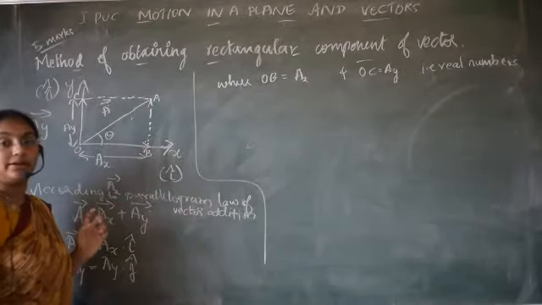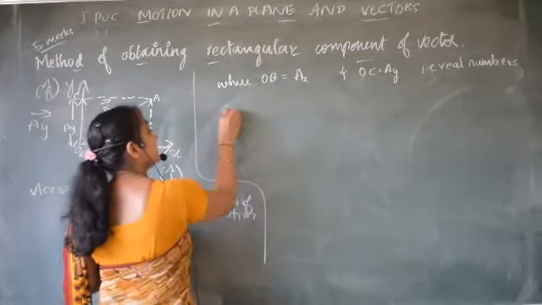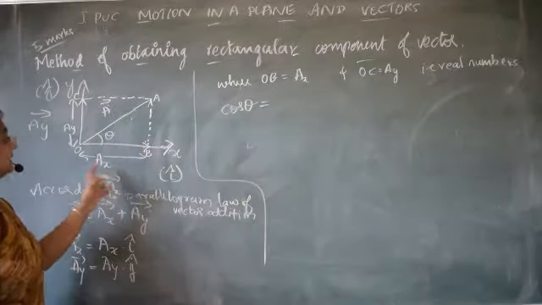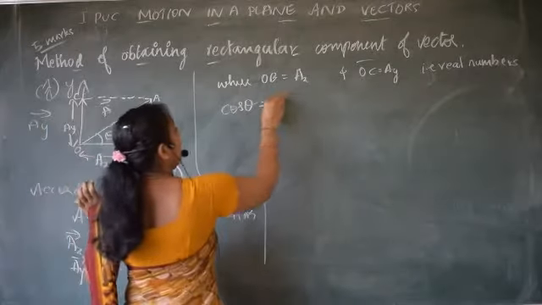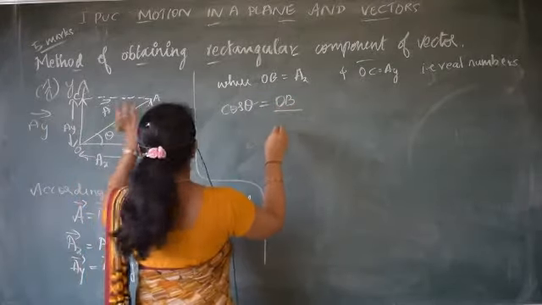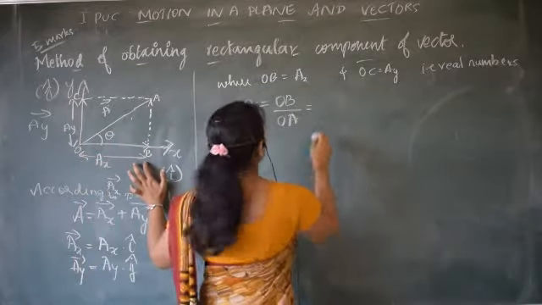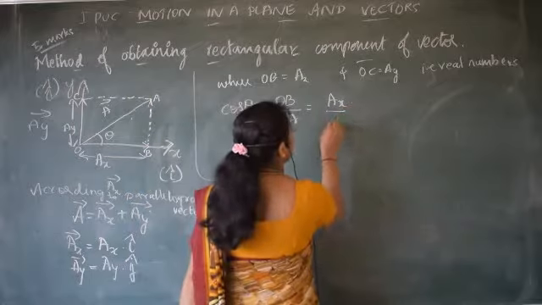According to trigonometry, what is cos theta? Cos theta is adjacent by hypotenuse, correct? Adjacent is OB divided by OA. That is equal to, OB is how much? Ax. OA is vector A.